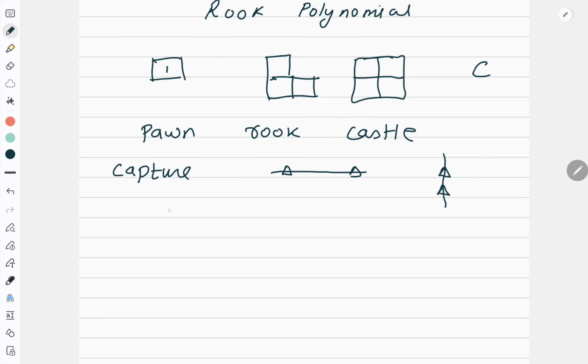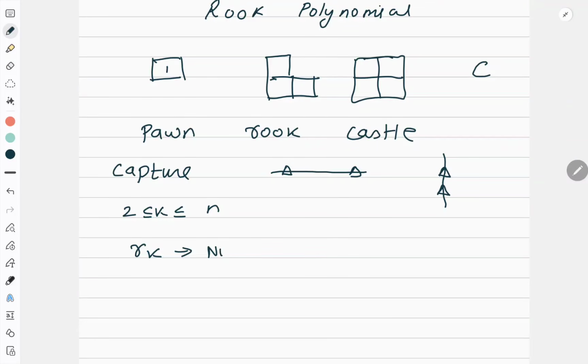Now suppose you have a number k which is between 2 and n. Then Rk denotes the number of ways in which k pawns can be placed on a board such that no two pawns capture each other.